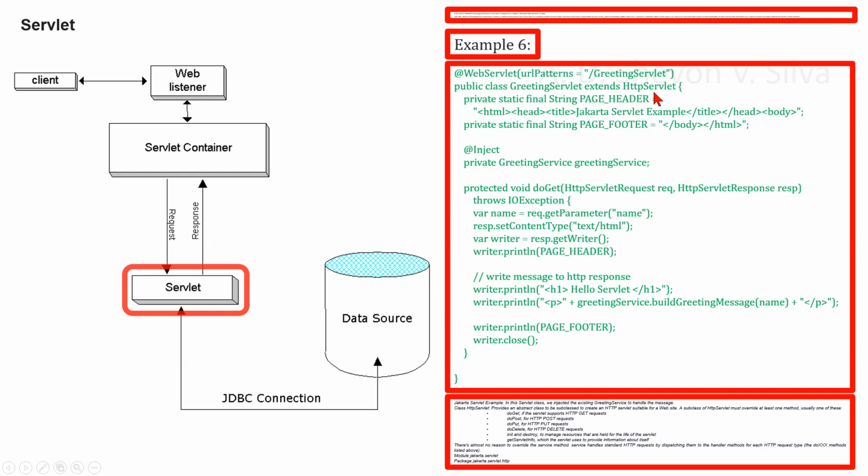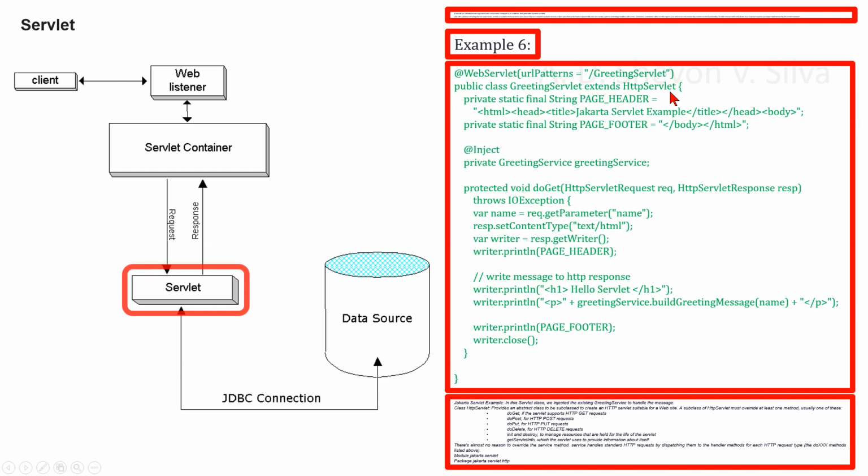A subclass of HttpServlet must override at least one method, usually one of these: doGet if the servlet supports HTTP GET requests; doPost for HTTP POST requests; doPut for HTTP PUT requests; doDelete for HTTP DELETE requests; init and destroy to manage resources that are held for the life of the servlet; getServletInfo, which the servlet uses to provide information about itself.